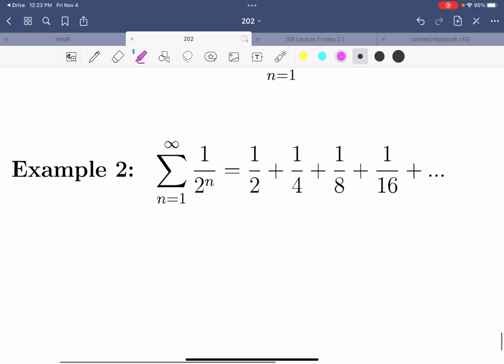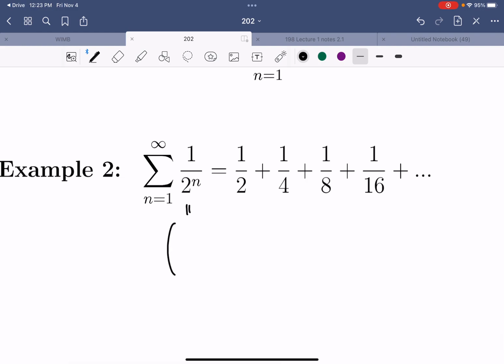Example 2 is the sum from n equals 1 to infinity of 1 over 2^n. This is geometric because this is 1/2 to the n power. If I want that to be n minus 1, I can do a little work to make that work.